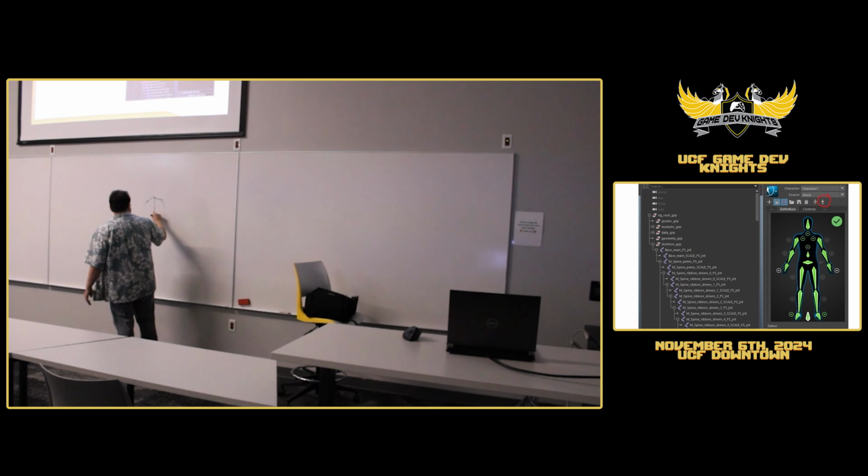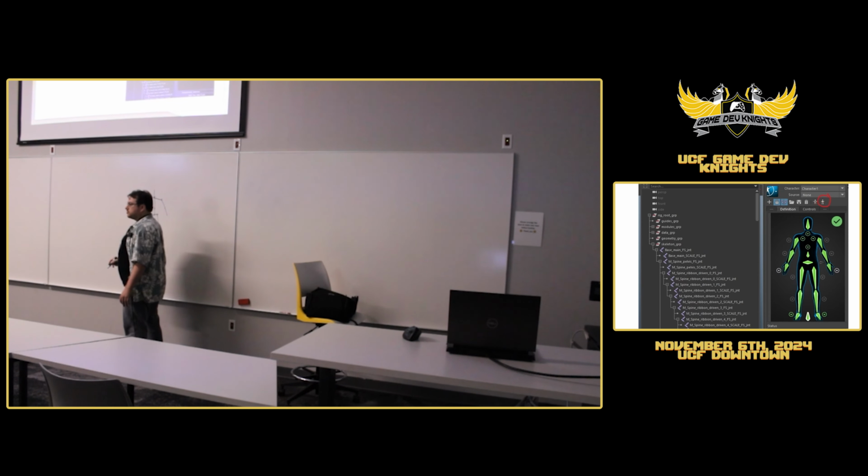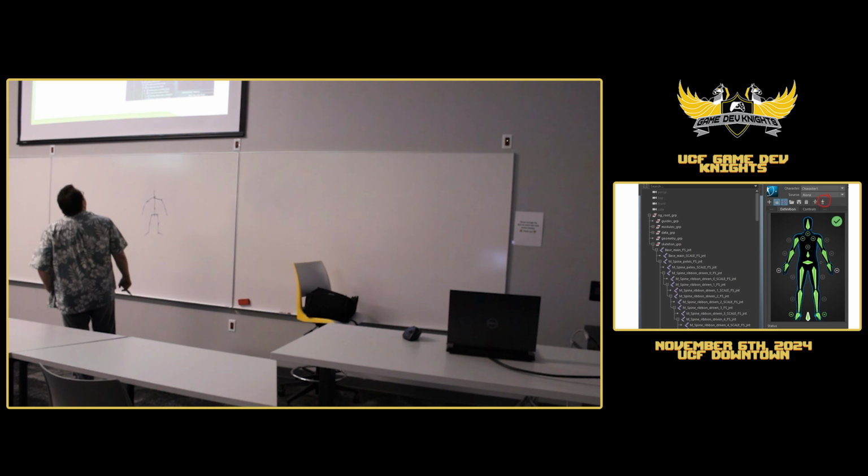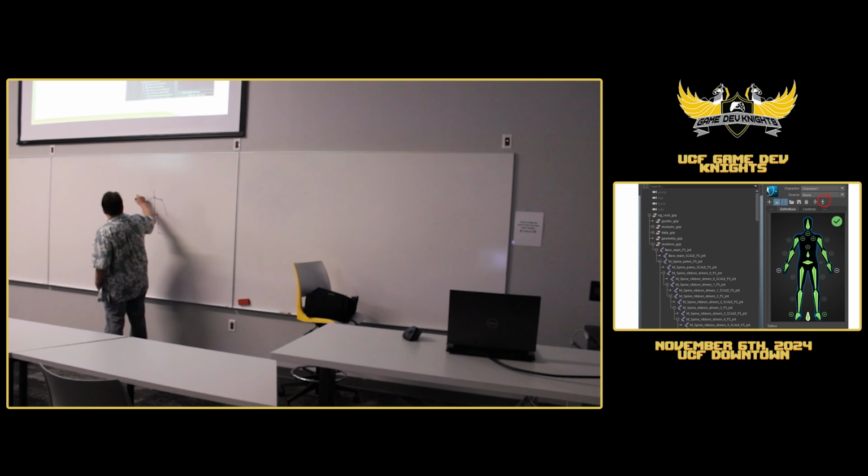But the problem is that every program likes to have their own naming convention. So what do we got up here? That's a whole bunch of ribbon spines and all of that for the joints there. But it's like, all right, this is right arm upper or whatever.